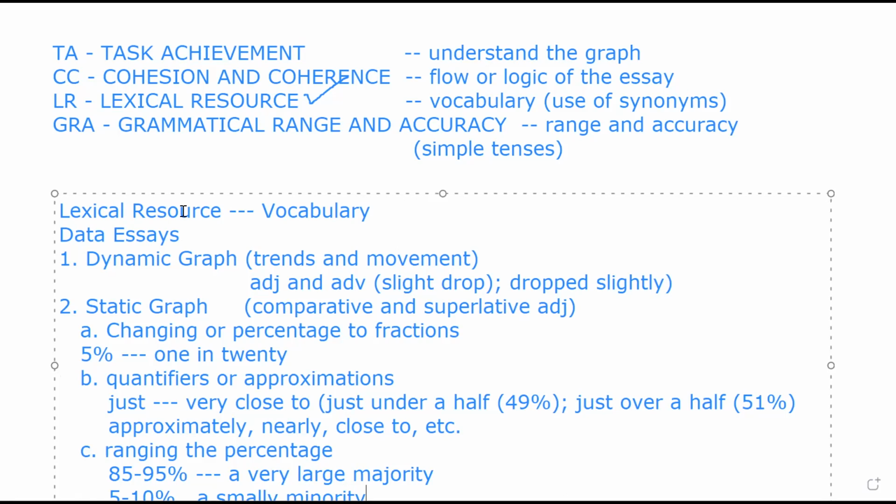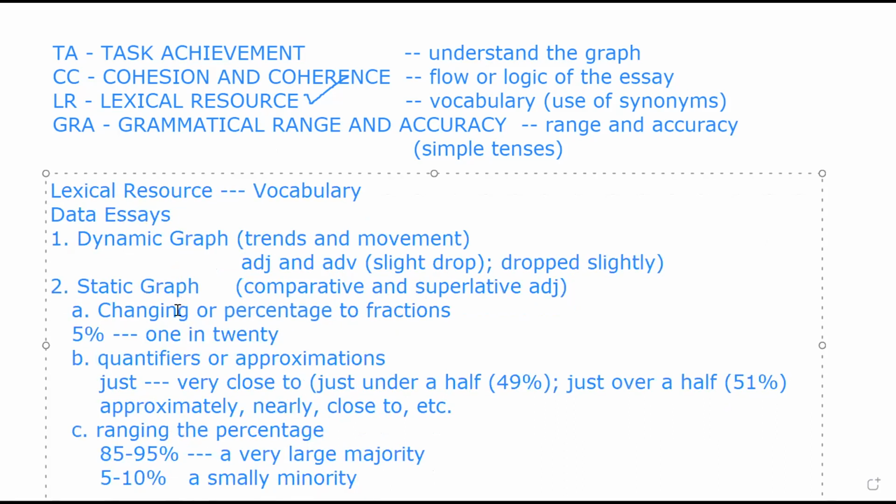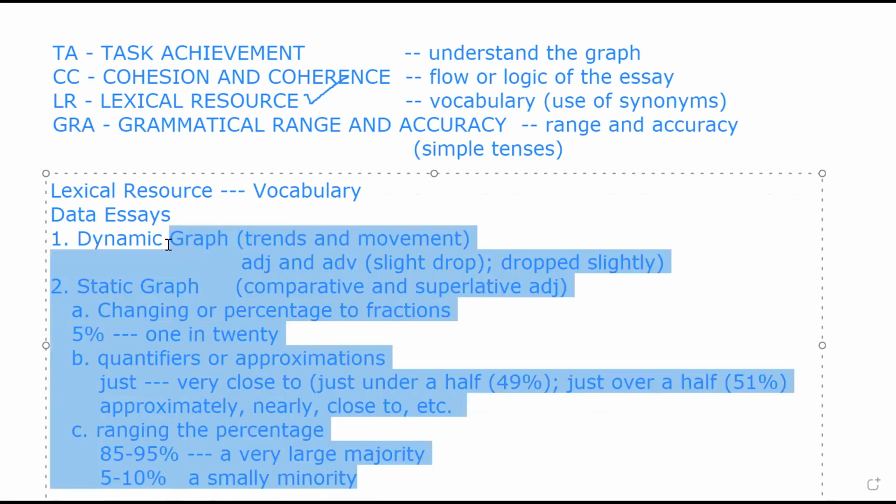A small minority of tourists prefer to travel for other purposes or business purposes, for example. So we range the percentages. There are some other expressions for vocabulary, but that is the main thing for data essays, for both dynamic and static.